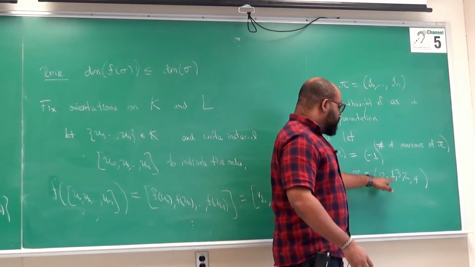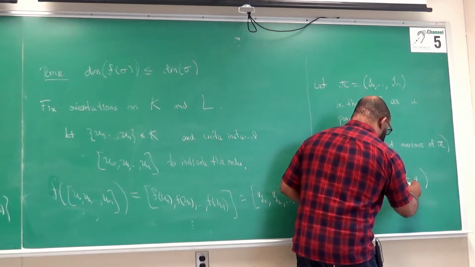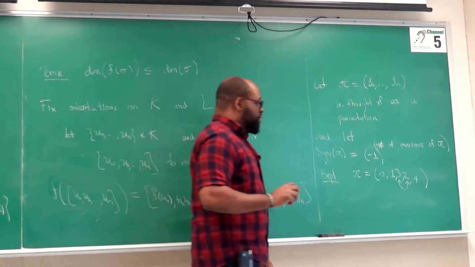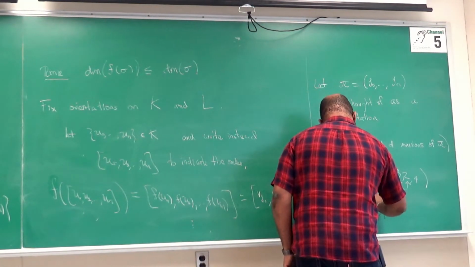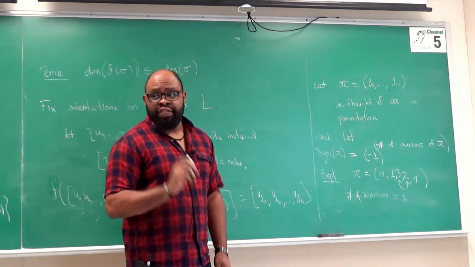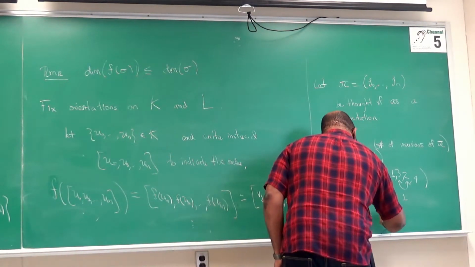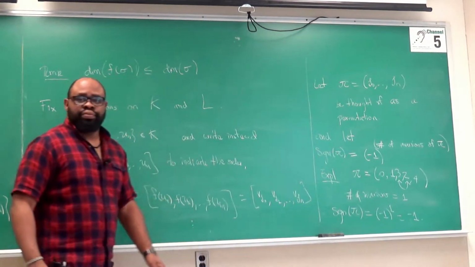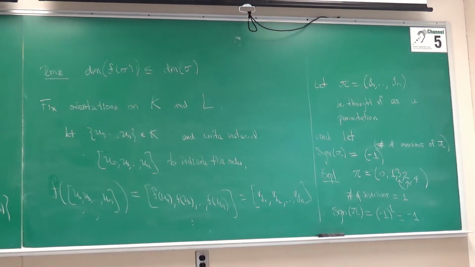Okay? So to put this in order, I have to do one inversion. Namely, I have to swap 3 and 2. So that's one inversion. So the number of inversions is 1. And then the sign is minus 1 to the 1, which is minus 1.